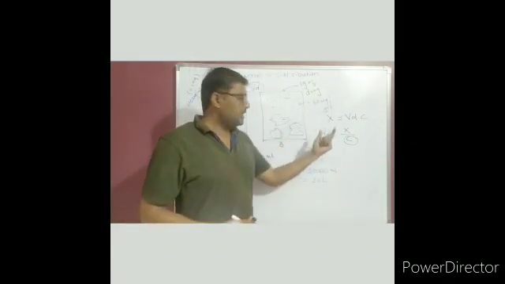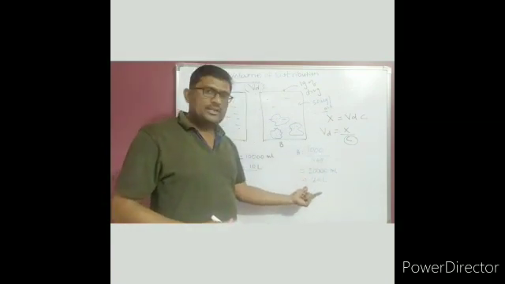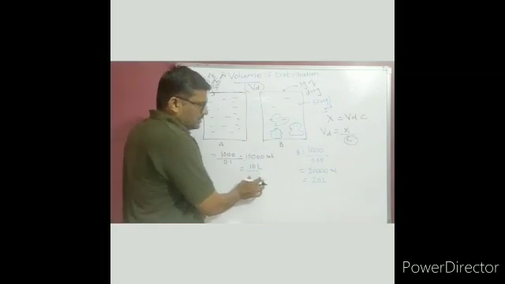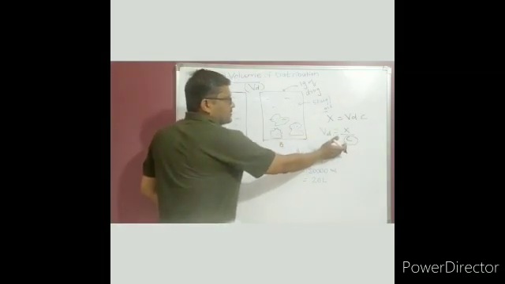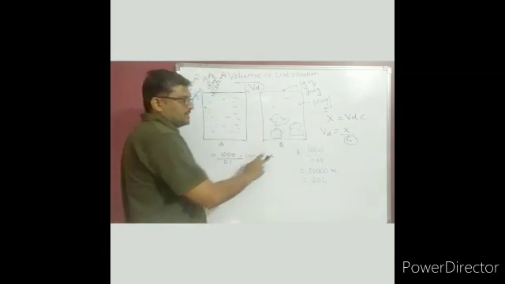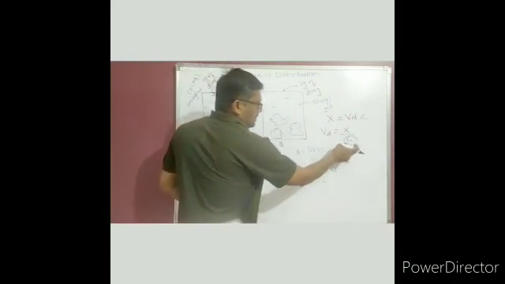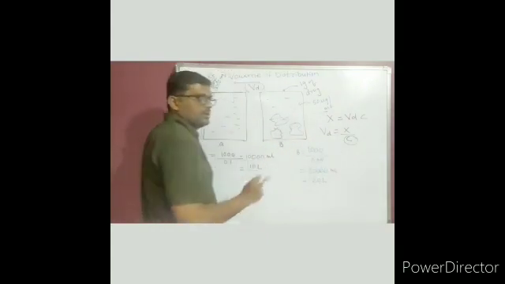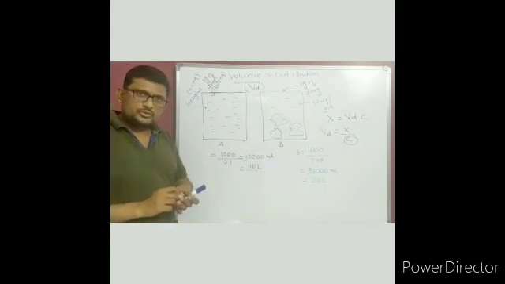The 50 microgram per ml, converted and put in this formula, gives 20 liters. So this is the difference. Here we get 10 liters because the concentration is more, so the volume of distribution is less. In the other case the concentration in the plasma is less, so the volume of distribution is more. In this way we can find out the volume of distribution.